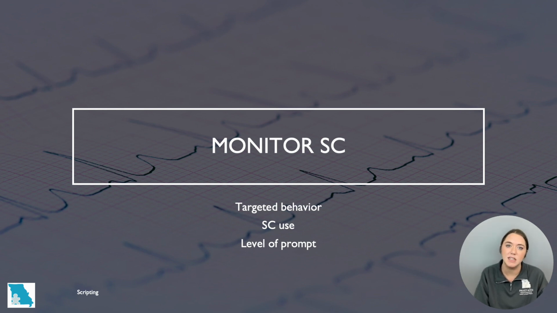So we need to be taking data on that target behavior as well as script use. It's really important that we also look at things like the environment or the communication partner and also take data on the level of prompting needed to utilize the script. We really want to keep our data in line and in an organized fashion so we know whether the intervention is working or not working.